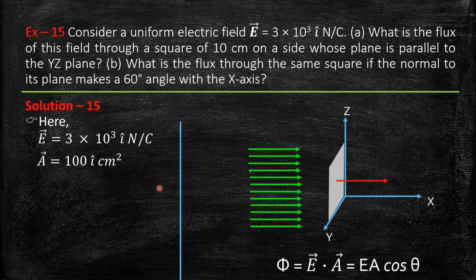As far as part B is concerned, the angle is 60 degrees, so when the surface is tilted, the theta value will be 60. So you will have EA into cos 60. You can substitute values and find the flux in both the A and B cases. Again, be careful about centimeter square, and don't forget to mention the unit of phi at the end.